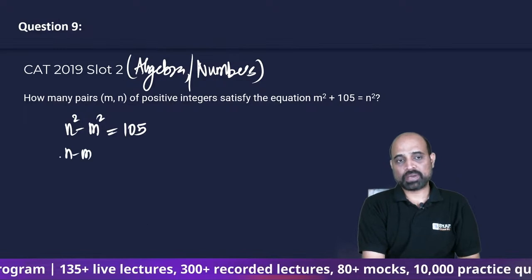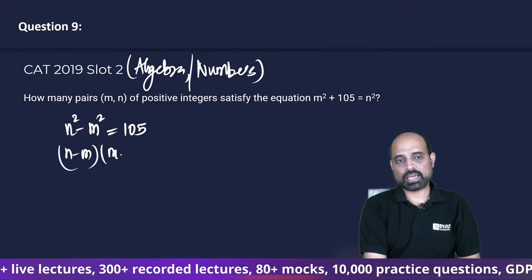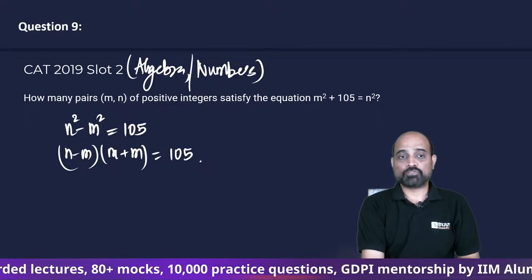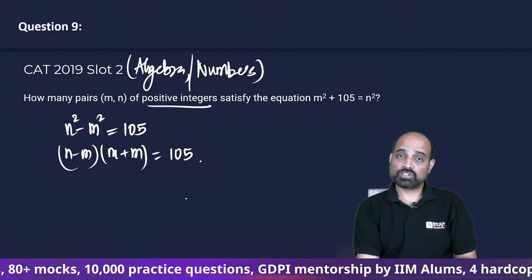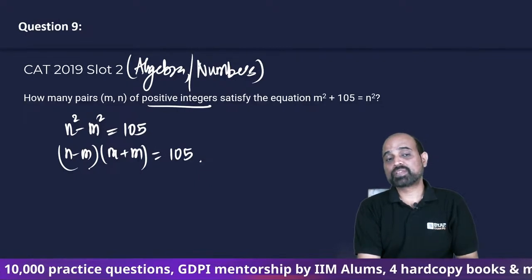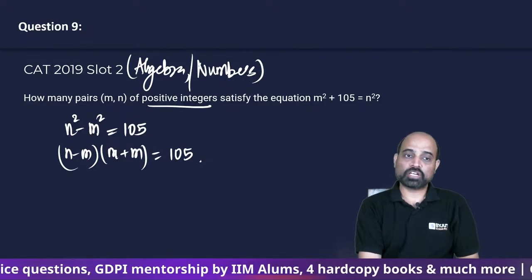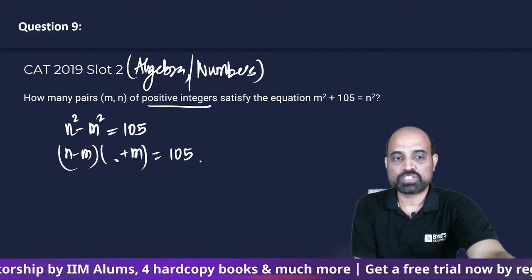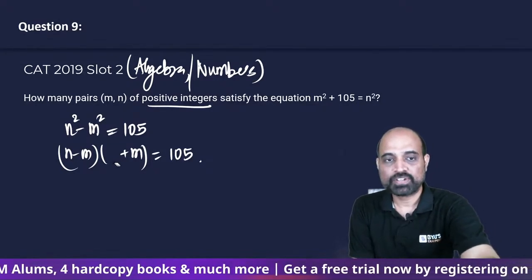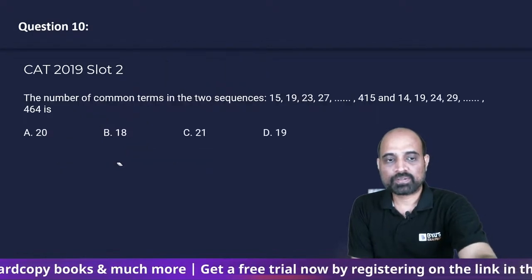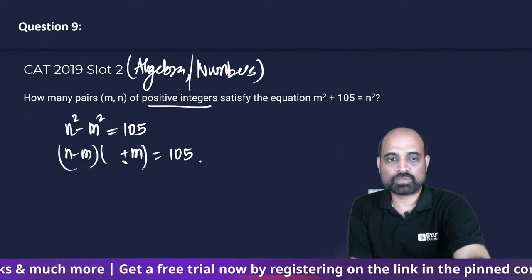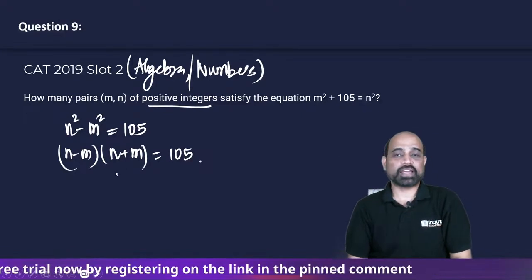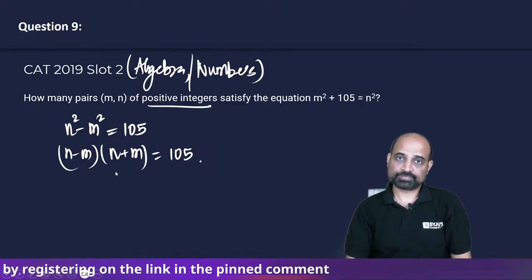Which is of the form n minus m into n plus m is equal to 105. Now, we are talking about positive integers. So n minus m and n plus m, they both are going to be positive. You can't take n minus m as negative, because if n minus m is negative, then n plus m will not be negative.